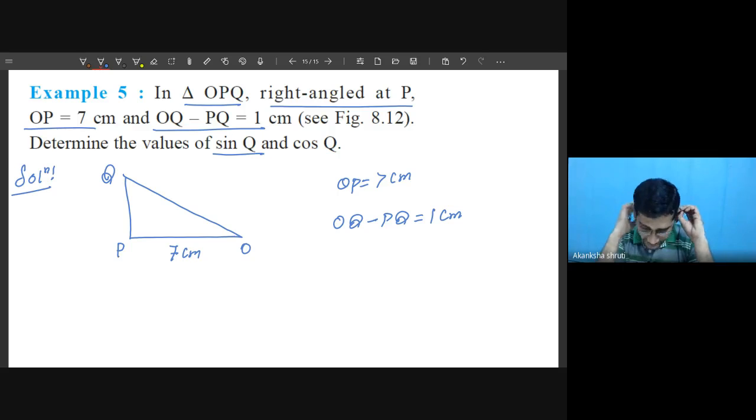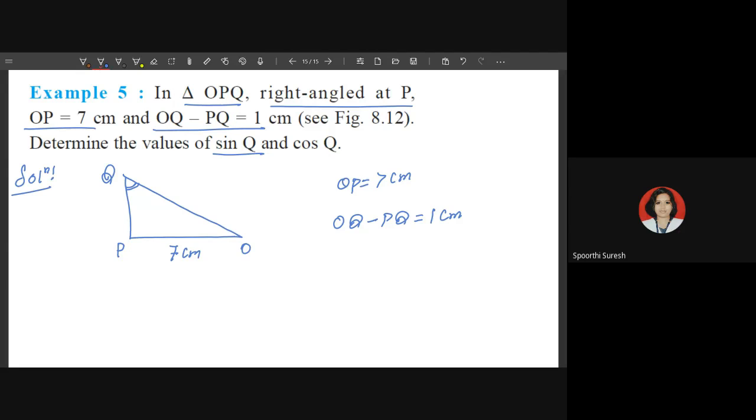Okay, very good. Other student, कुछ मिला आप लोग को? नहीं है तो आप बस एज्यूम करिए इसे, ये हमें 7 दिए हुए हैं. We need Q. Student, keep in mind it is this Q that we need. Sir? हाँ बोलिए. So I got sin Q as 7 by 25 and cos Q as 24 by 25.